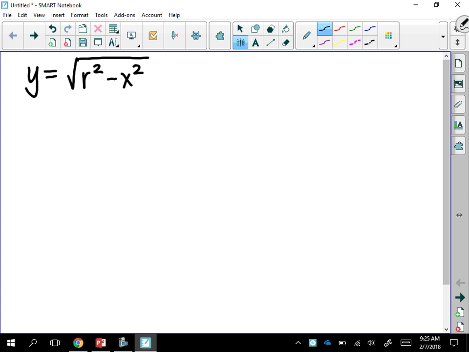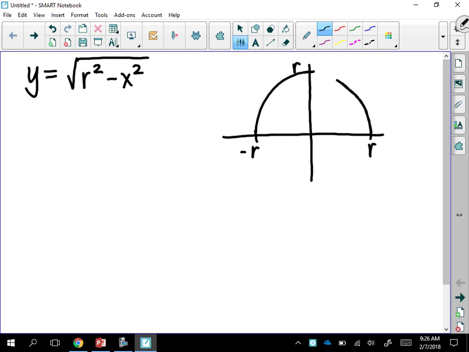And the plus or minus would give us the entire circle, so we want it to be a function, and therefore we took off the minus and just kept the positive square root, and that gave us that semicircle. Graphically, we know that this is centered at the origin with a radius of r units, so we'll go to the right r units, to the left r units, and then up r units, and here's what this graph looks like for us.